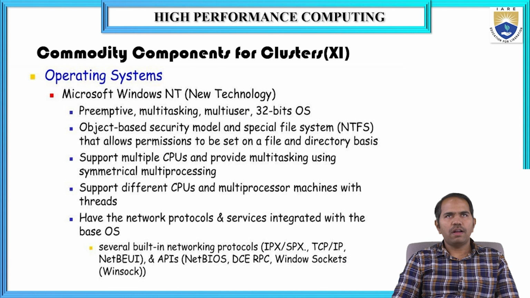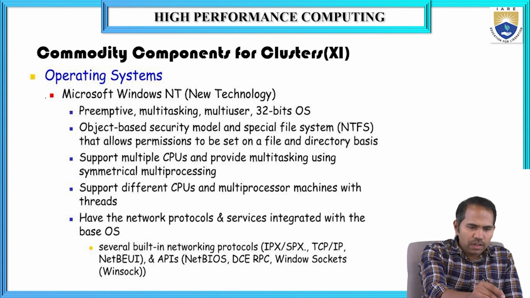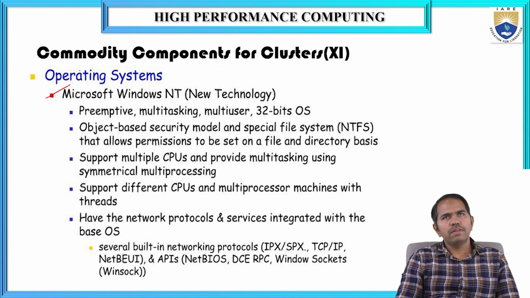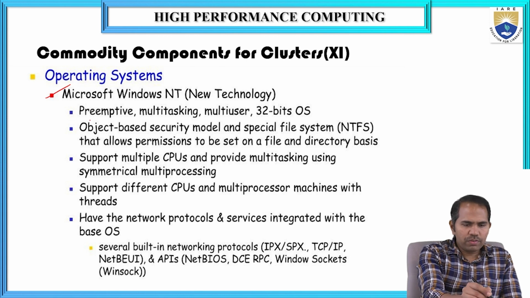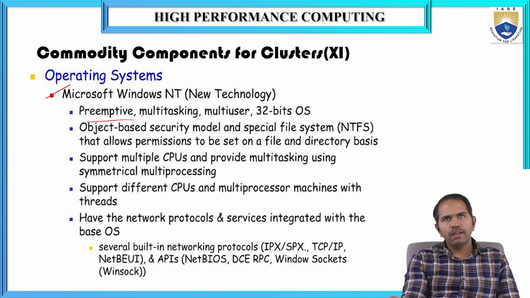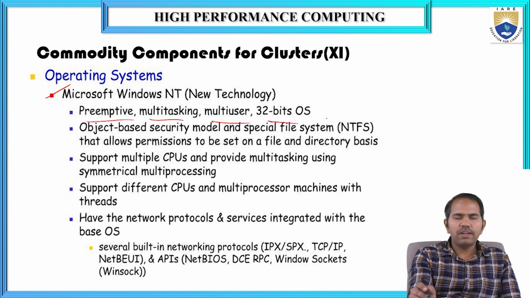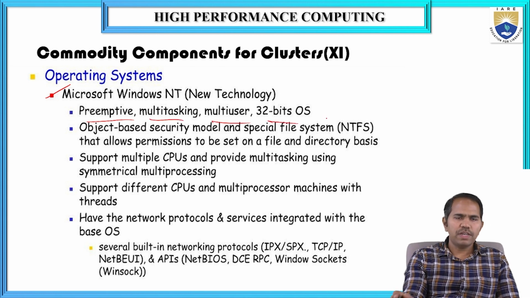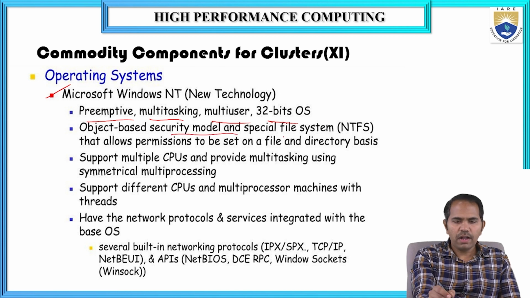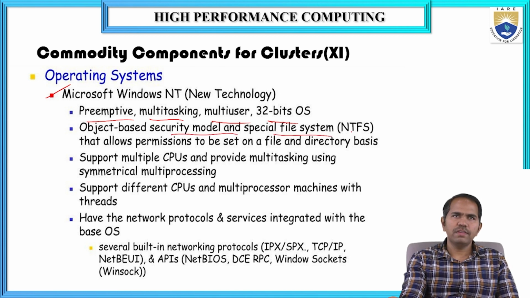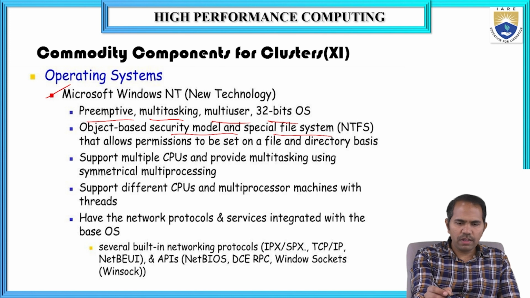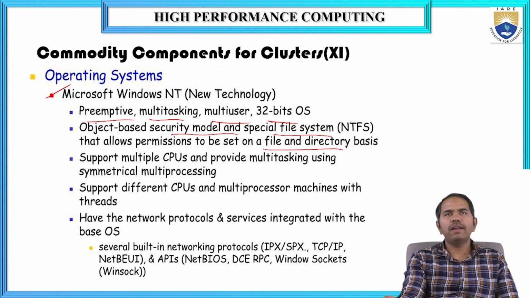Continuation of community operating systems: Microsoft Windows NT. This is also one type of operating system, with new technologies. Microsoft Windows NT is a preemptive multitasking, multi-user, 32-bit operating system, which has an object-based security model and a special file system (NTFS) that allows permissions to be set on a file and directory basis.